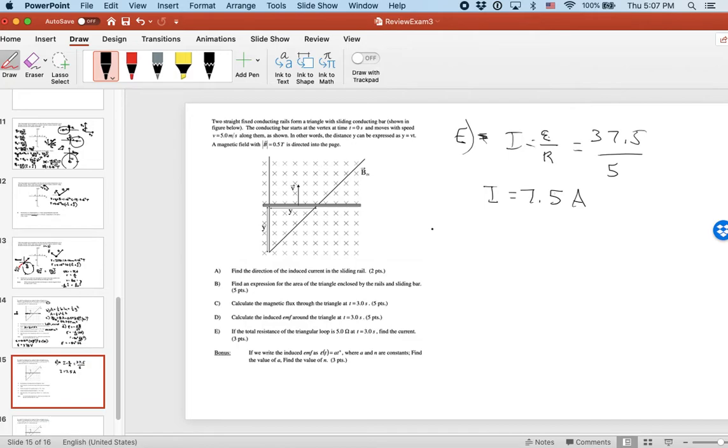And then our bonus asks us to write the EMF as a function of t, and we write that as a t to the n. And if we let that equal what we solved earlier, let's see, where I put that. Oh, right, here it is.